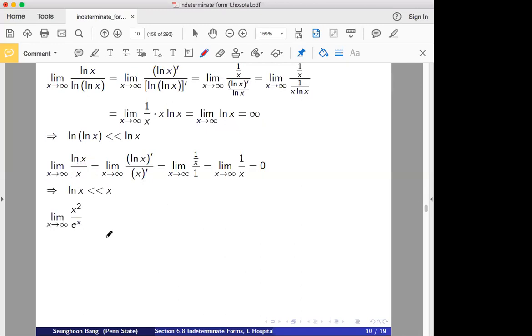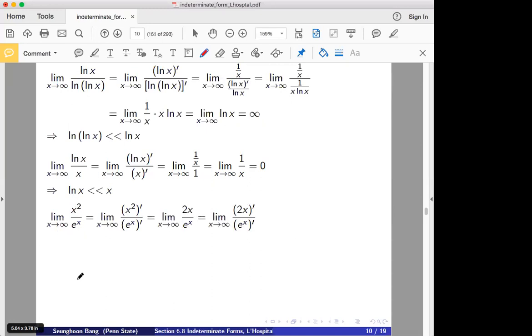Here, the limit of x squared over e to the x. Plug infinity into the top and bottom, and we get infinity over infinity. You can use L'Hopital's rule. The derivative of x squared is 2x. The derivative of e to the x is e to the x.